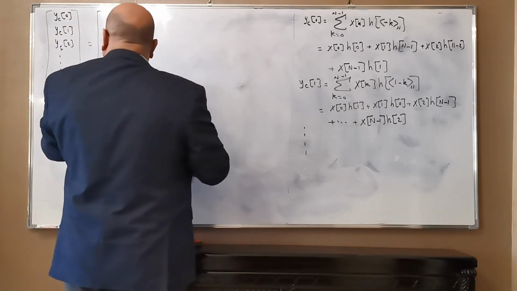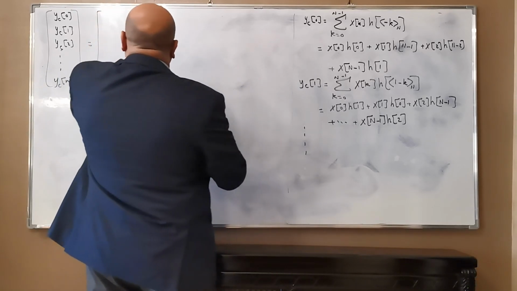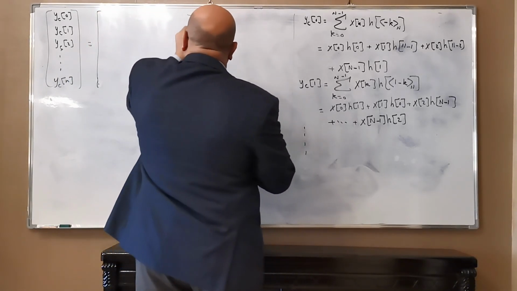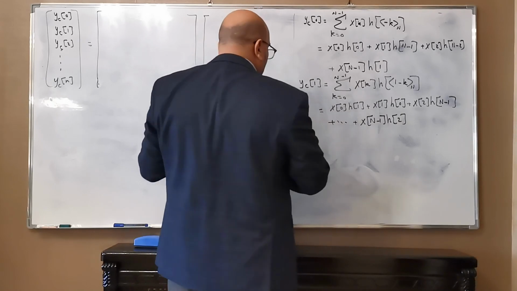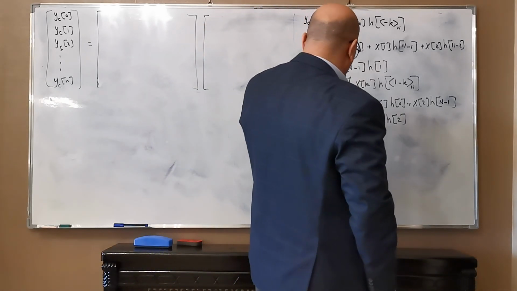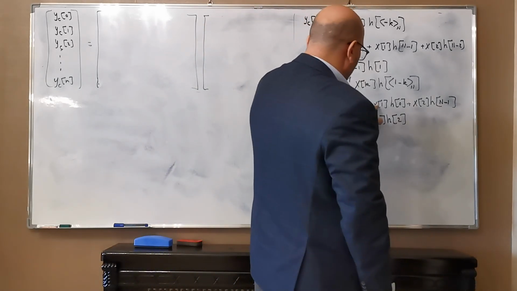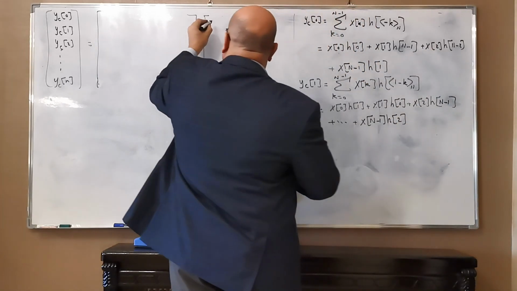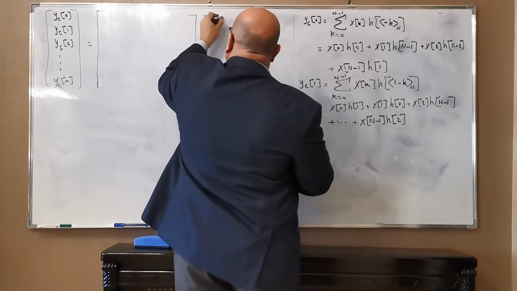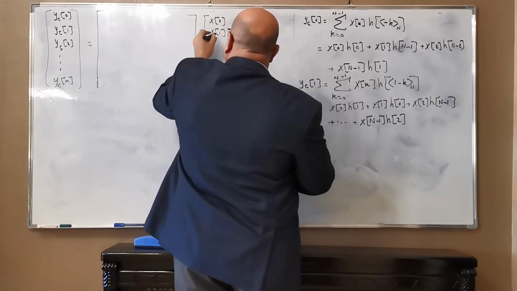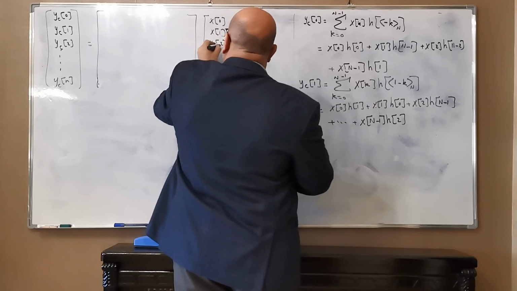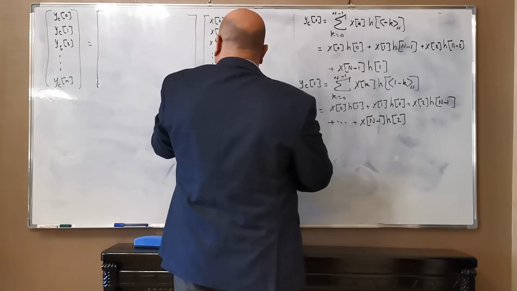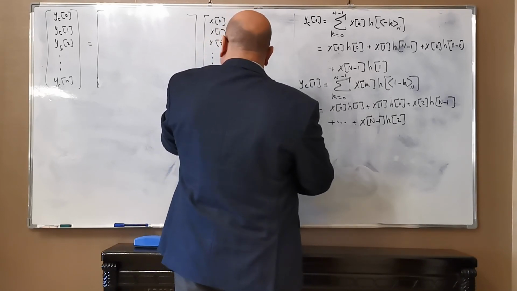So you have some matrix here multiplied by a column. Notice the column is the x's: x of 0, x of 1, x of 2, up to x of n minus 1.